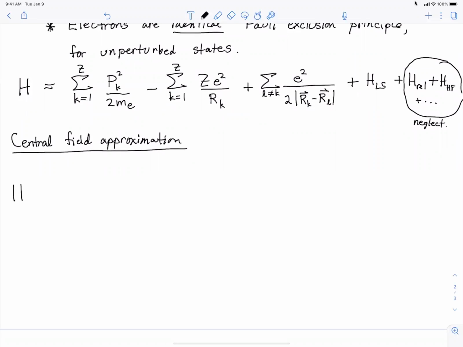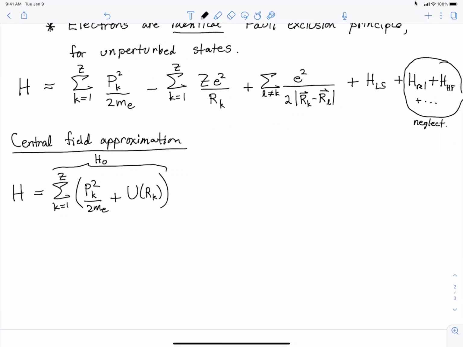I'm going to rewrite the Hamiltonian like this. Okay, there's my p squared. This is my kinetic term. And then I'm going to add to it a function that I'm going to call u. Okay, and this part I'm going to call h0. I haven't told you what u is yet.